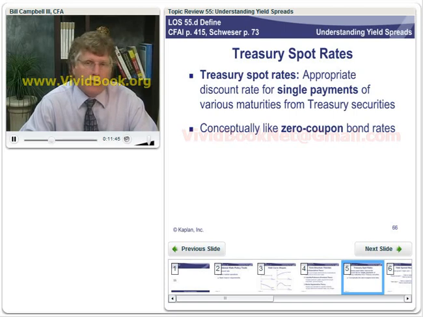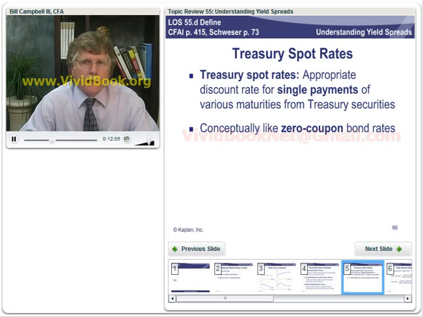You don't have to worry about default risk, you don't have to worry about credit risk, and so on. Then the appropriate interest rate to use to discount that cash flow back to today would be the Treasury spot rate for the maturity that corresponds to the day when that payment is going to be made.